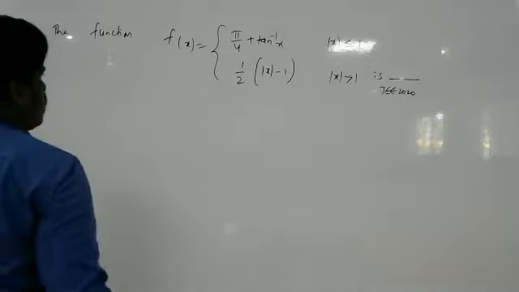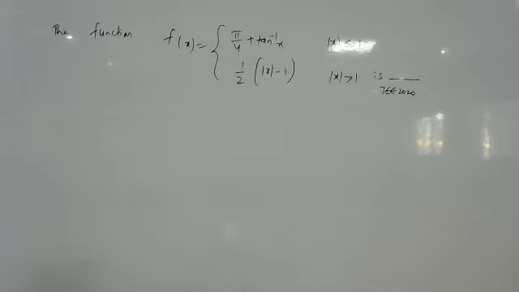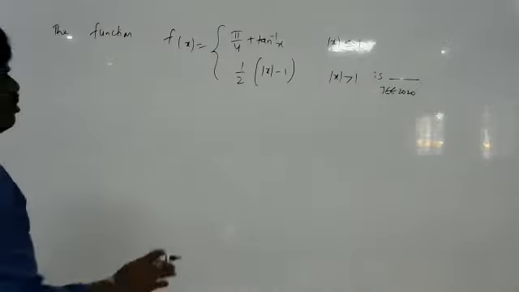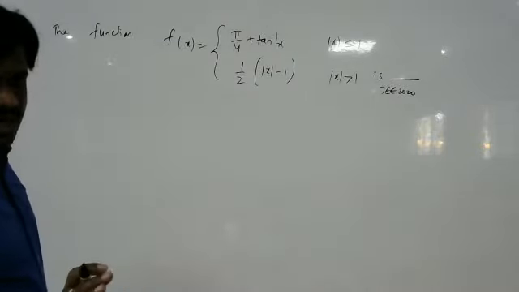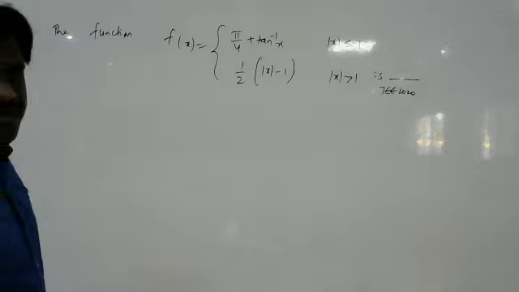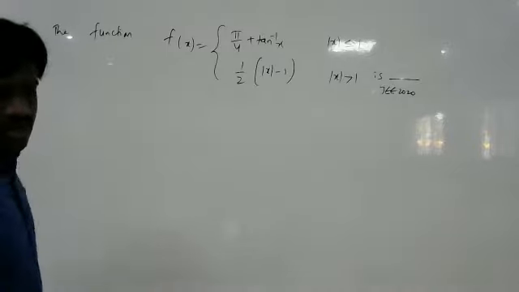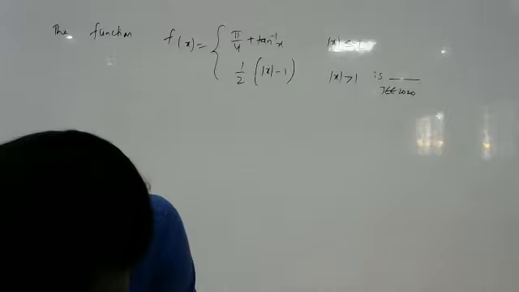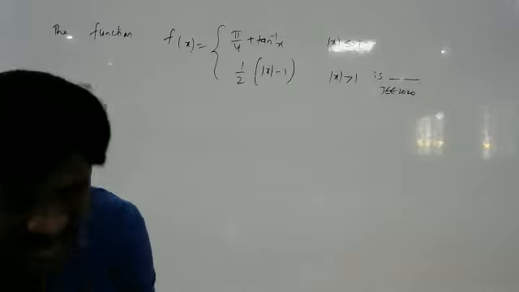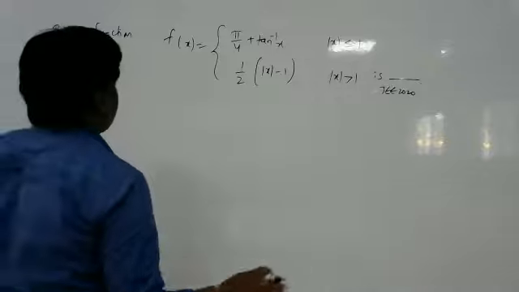I will explain this question first. So graphically we can do this one, and without graph also we can do this one. Do you want graphically or without graph? Graphically. We'll see both.